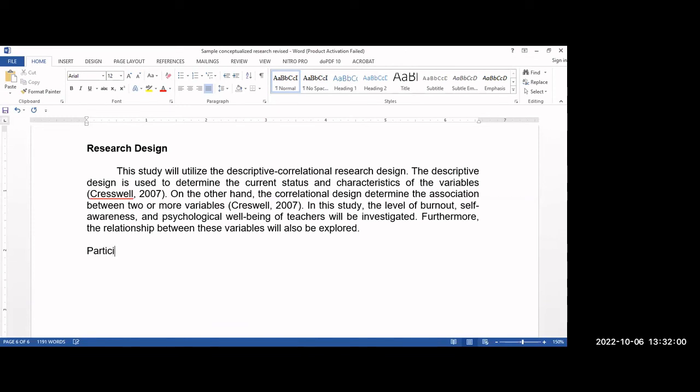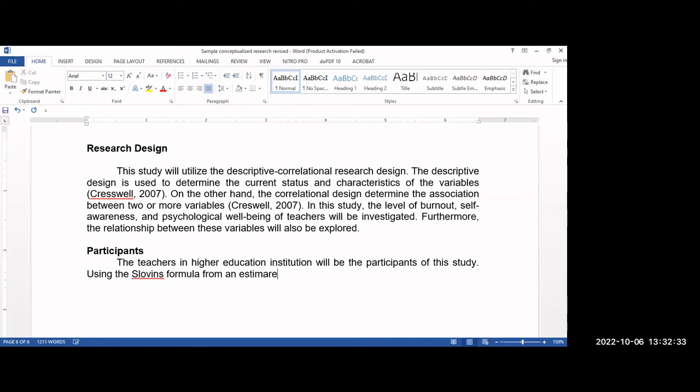Okay, participants. So who are the participants? The teachers in higher education institution will be the participants of this study. Using the Slovin's formula from an estimated population of 2,000 teachers in the region.